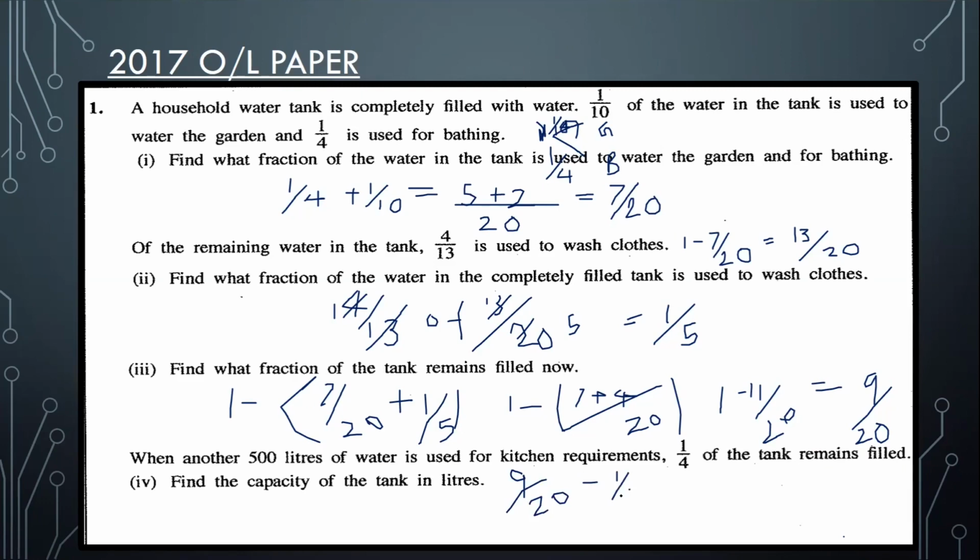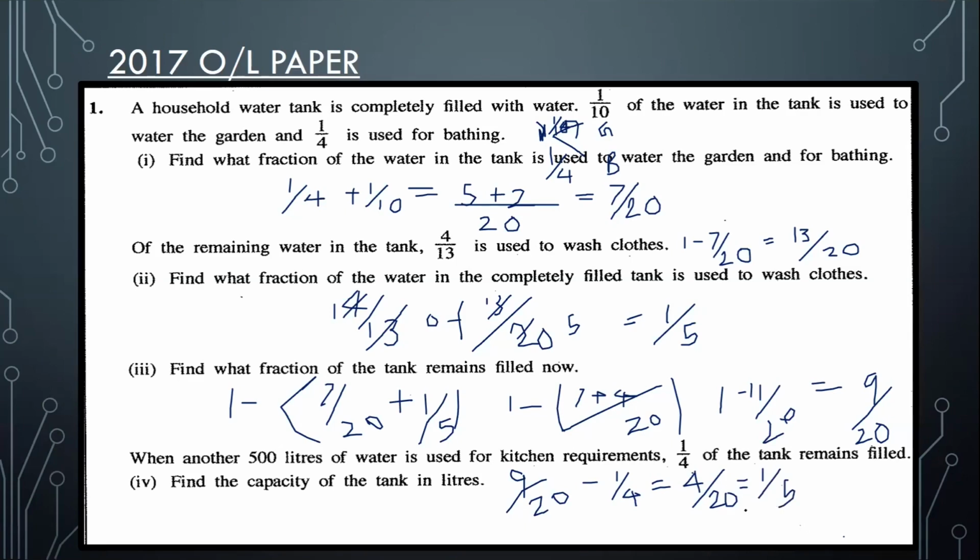So the difference is going to give us the fraction used for kitchen requirement. So have to multiply by 5 to make it 20. So that is going to be 9 over 20 minus 5 over 20, which is 4 over 20. If you simplify 4 over 20, the fraction is going to become 1 over 5. So that means you have used 1 over 5 amount for kitchen.